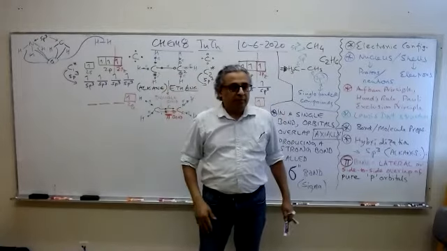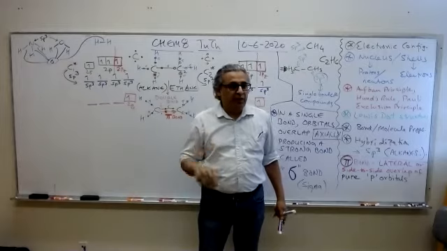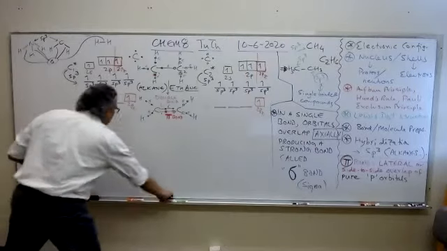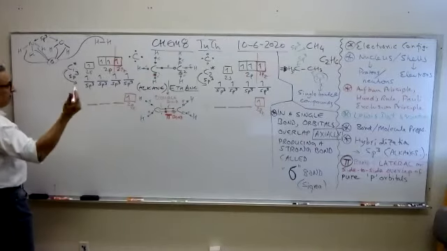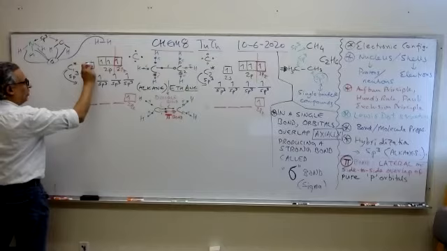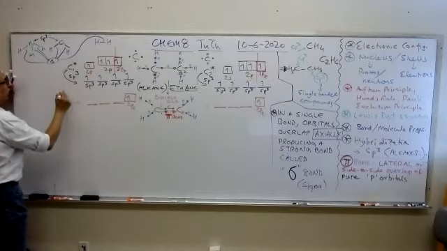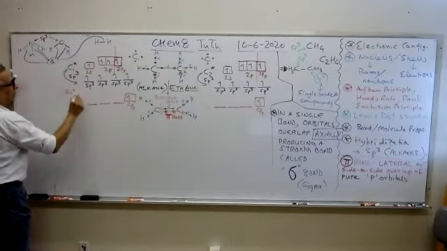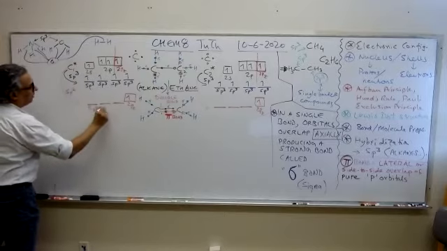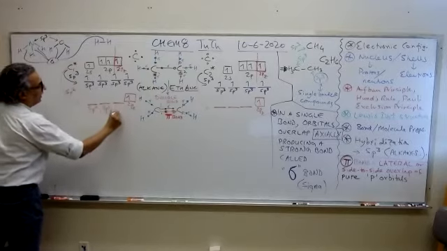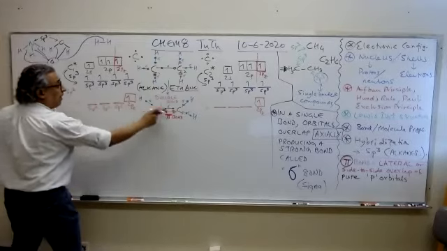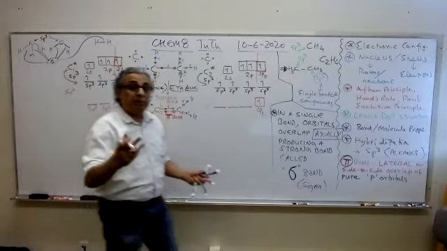Hurry up. Speak up, unmute, speak. sp2. It's going to be called sp2 because 1 s orbital and 2 p orbitals will go in the blender to make sp2 hybridized orbitals on both sides, because you just need to make 3 equivalent orbitals to do the business.